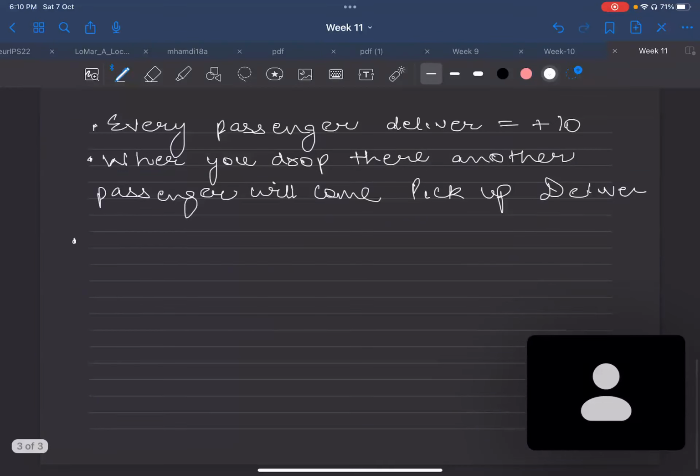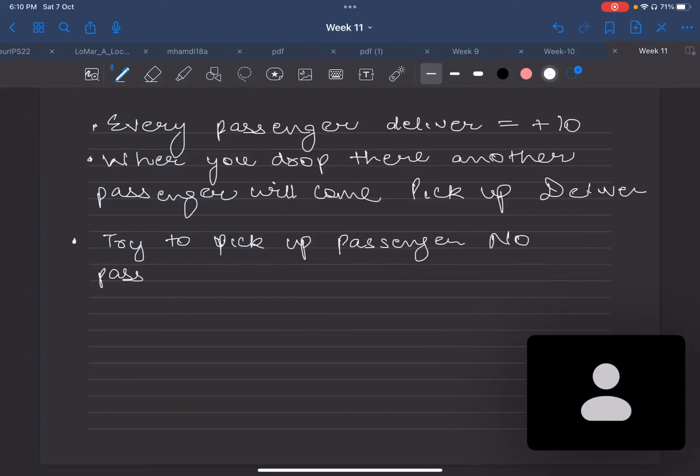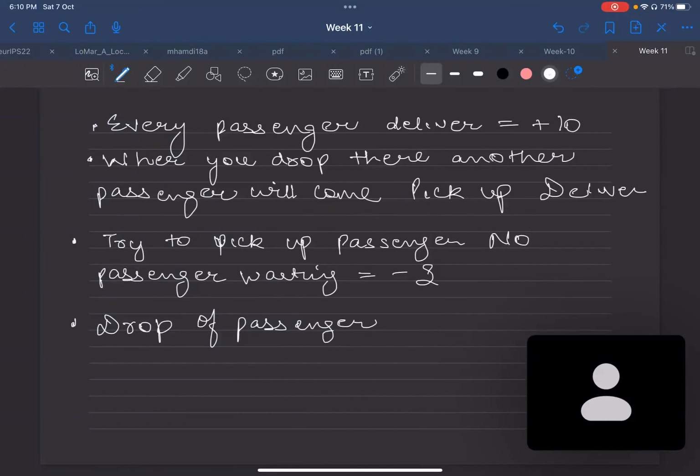And suppose you try to pick up the passenger. You went to a place to pick up the passenger, but there is no passenger waiting. For that case, -2 cost is there. Or suppose we are dropping off the passenger at the wrong place where the passenger doesn't want to get down. -5 cost is there.